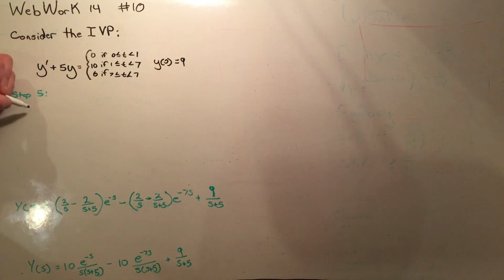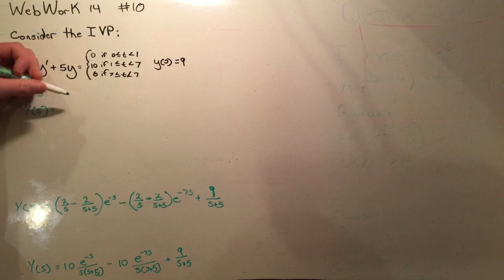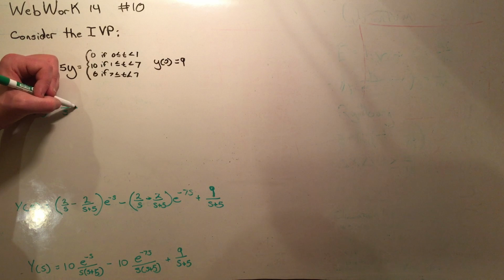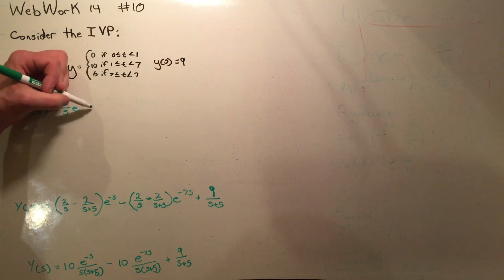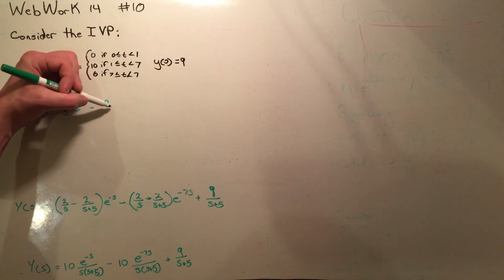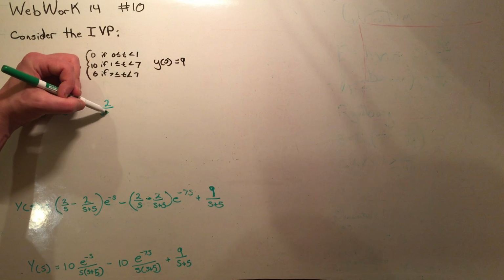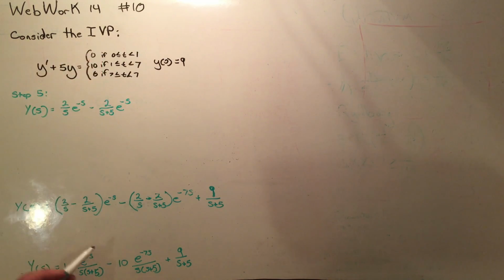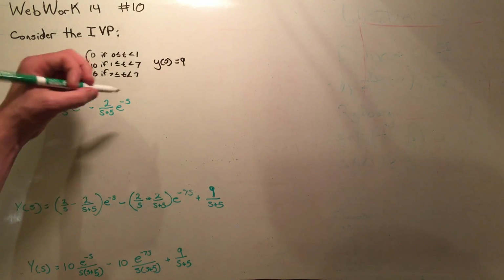So let's take y of s equals 2 over s e to the negative s minus 2 over s plus 5 e to the negative s. We're going to have to distribute this negative sign, so remember to turn that into a positive.